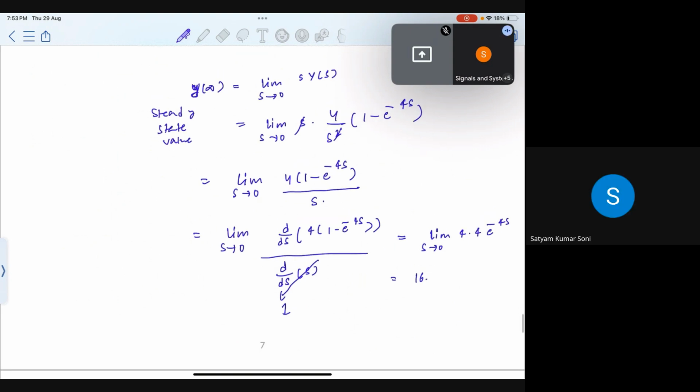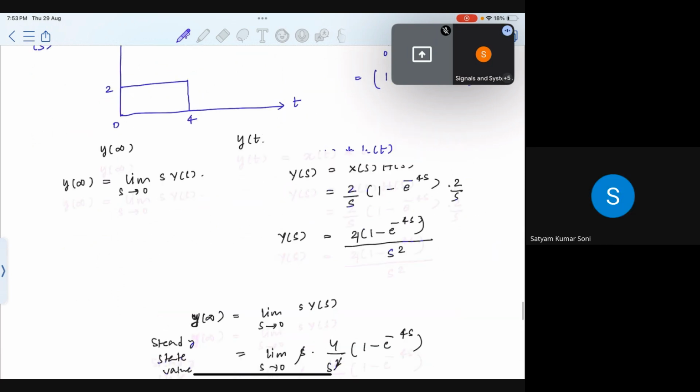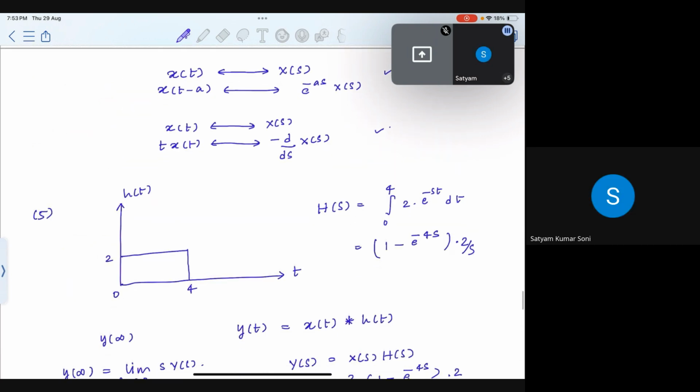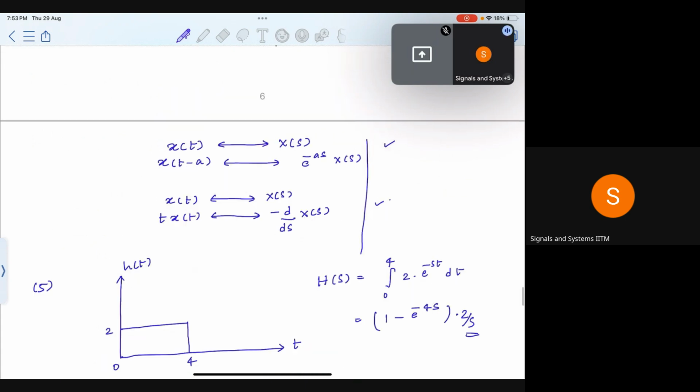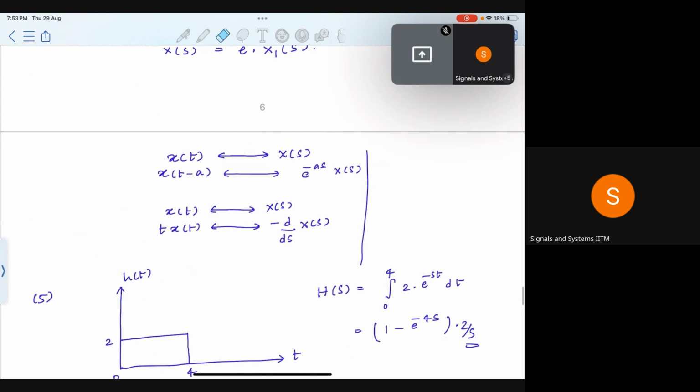How does 2 by s come in here? I do the integration, no? So what happens over here? Integration is the integral from 0 to 4 of 2 e power minus st dt.